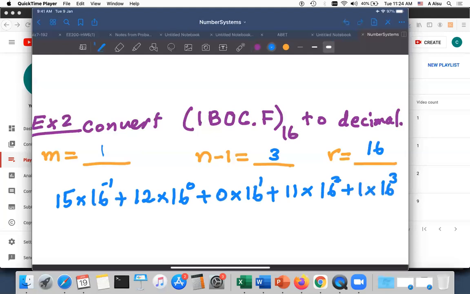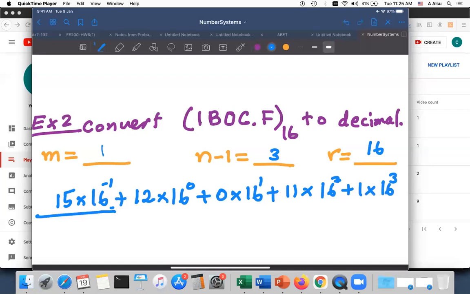And then you just compute these and represent the answer. Sometimes we will tell you in the exam or quiz that we only want 2 decimal digits, for example, in the fractional part. So you must account for that.